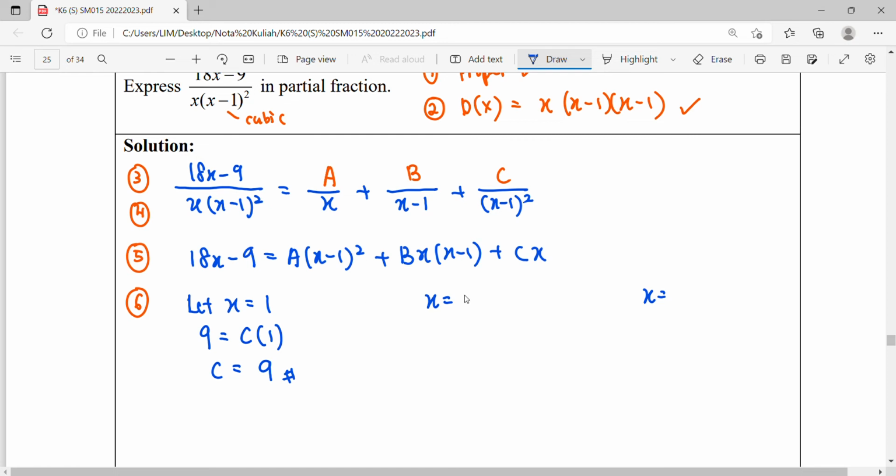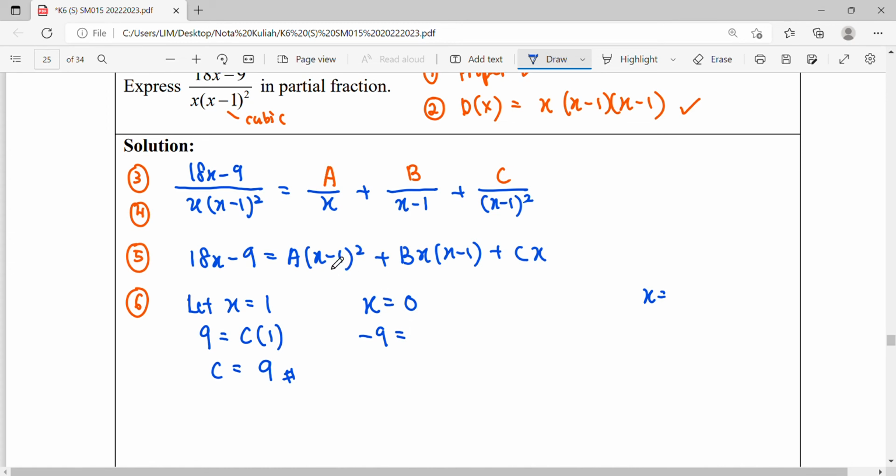Then continue. We let another x value. So another x value, we can find from our factor. We still have a factor of x. So we can substitute x equals to 0. Here we get negative 9. So we need to calculate because this 0 does not come from this factor.